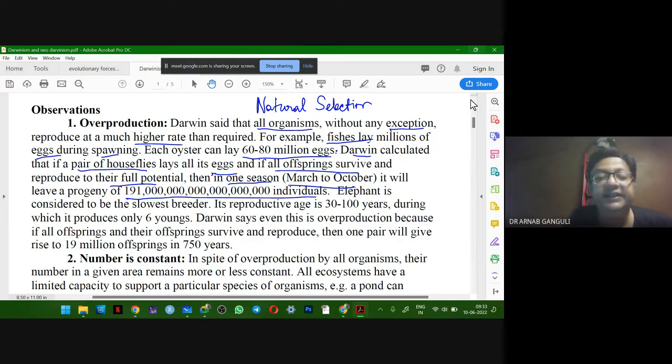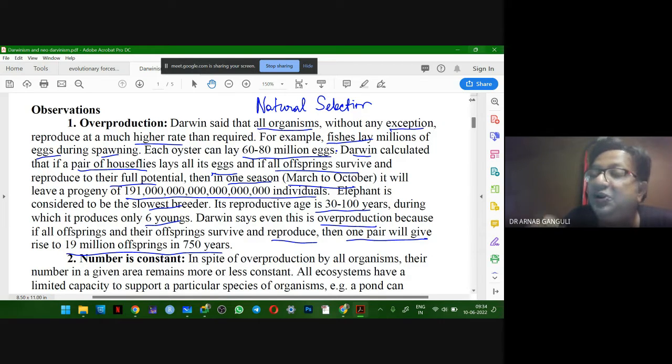Elephant is the slowest breeder. Its reproductive age is 30 to 100 years, during which it produces only 6 young. Darwin says that even this is overproduction, because if all its offspring and their offspring survive and reproduce, then one pair will give rise to 19 million offspring in 750 years.